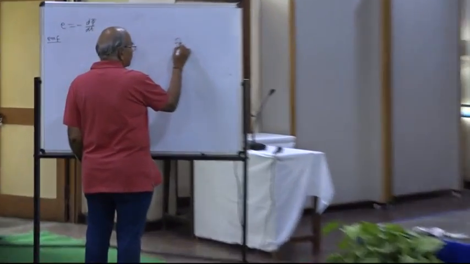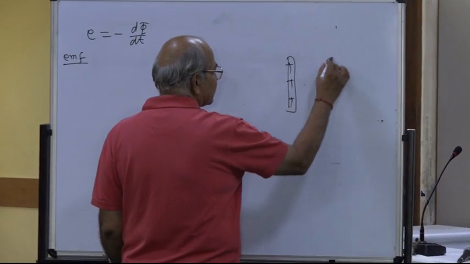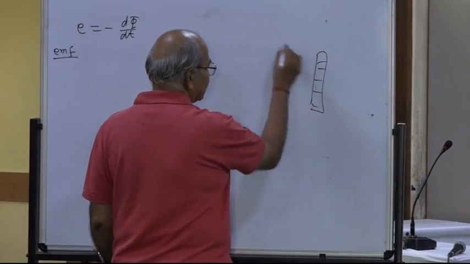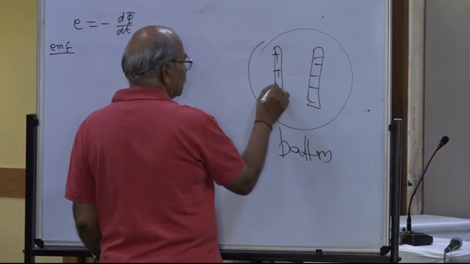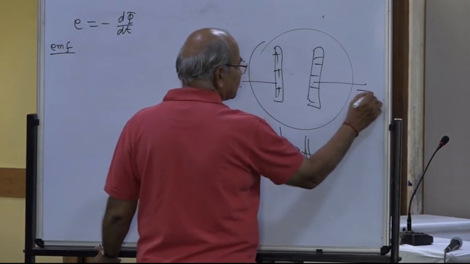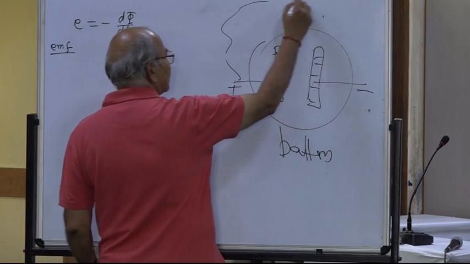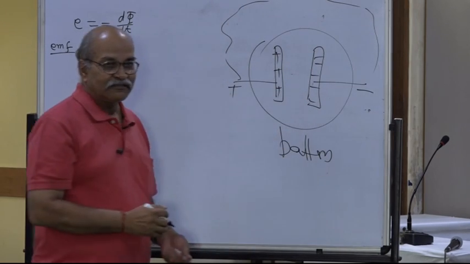See, the electric field, if you think of a battery and you have electrodes, there is a positive charge appearing here, negative charge appearing here, as part of the battery. You have a positive terminal, you have a negative terminal. If you connect a wire, there will be a current driven.